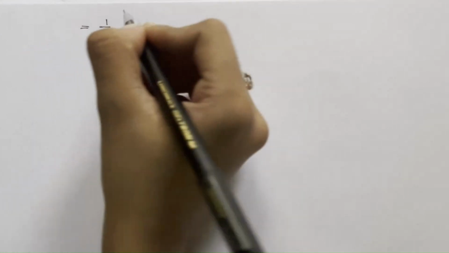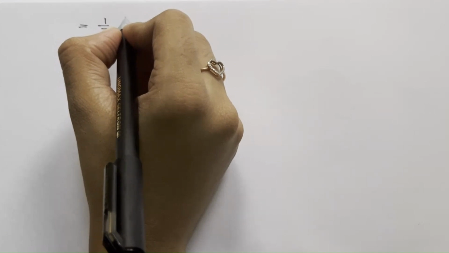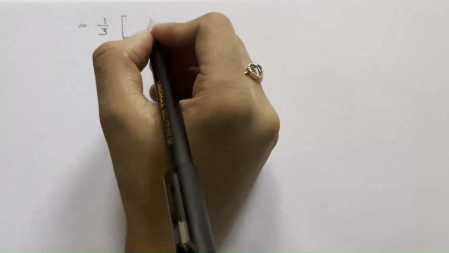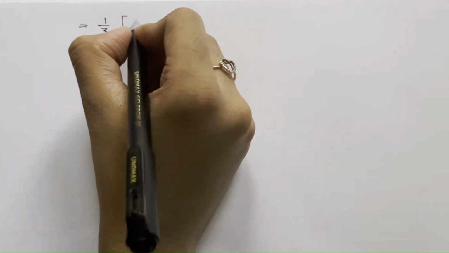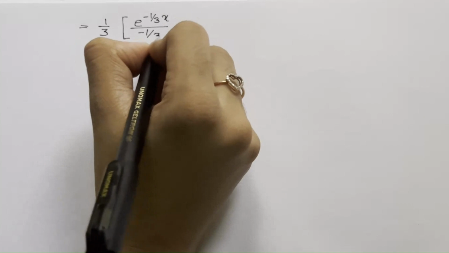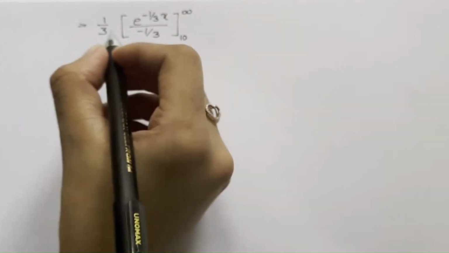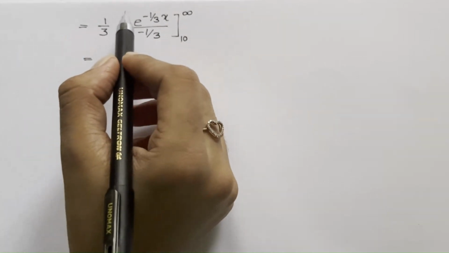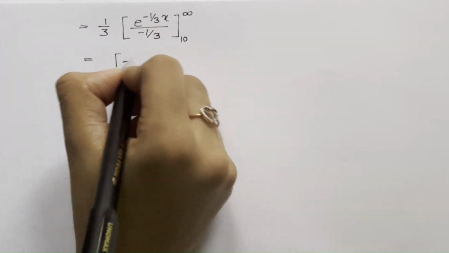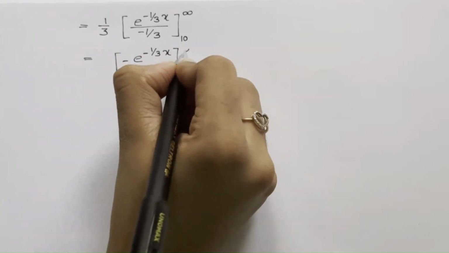Integral 10 to infinity e raised to minus 1 by 3 x dx. We know that integral of e raised to minus cx equals e raised to minus cx divided by minus c, where c is any constant. Therefore, integral e raised to minus 1 by 3 x dx is e raised to minus 1 by 3 x divided by minus 1 by 3 from 10 to infinity. Now, we cancel 1 by 3 from both numerator and denominator. Then minus e raised to minus 1 by 3 x from 10 to infinity.